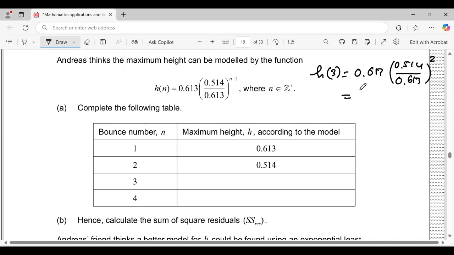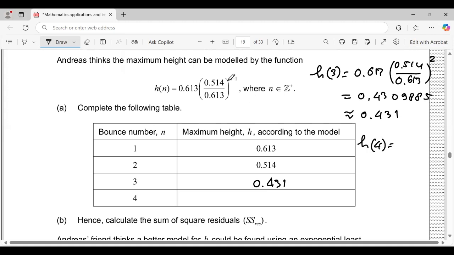And if you calculate, the result is 0.43098885, which I round off to 0.431. So here is 0.431. With the same method, you can find H4.